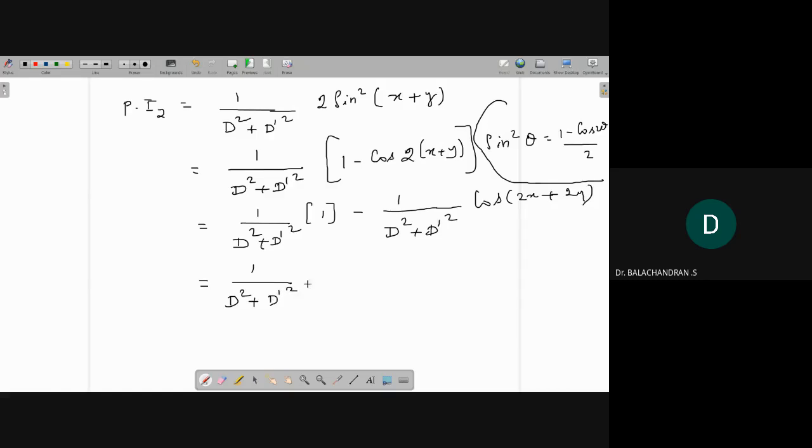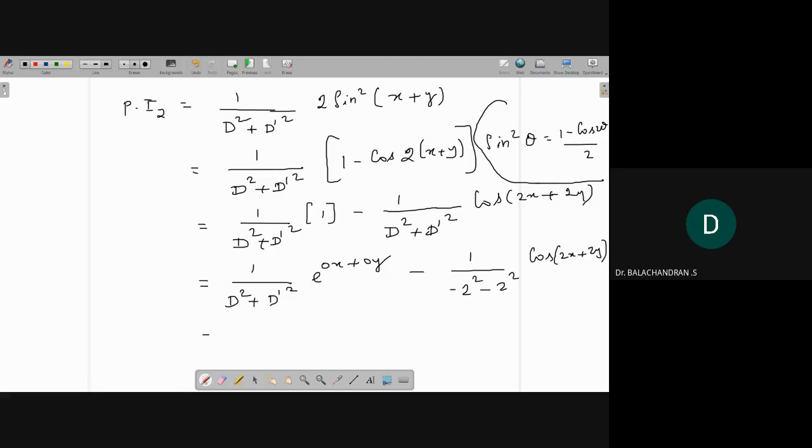You can write 1 as e power 0x plus 0y; for the cos part this comes under type 2. You should replace D square by minus a square, that is minus 2 square, and D dash square by minus b square, minus 2 square, into cos of 2x plus 2y.